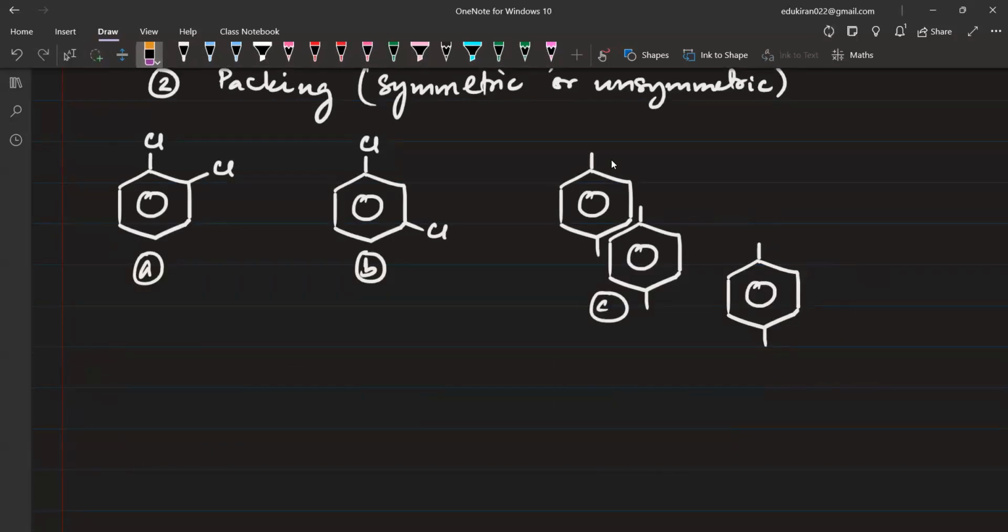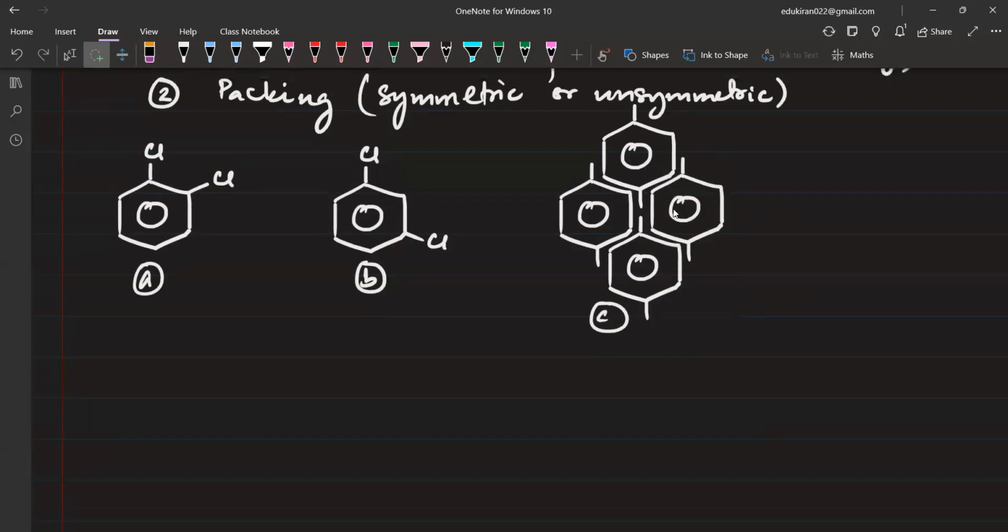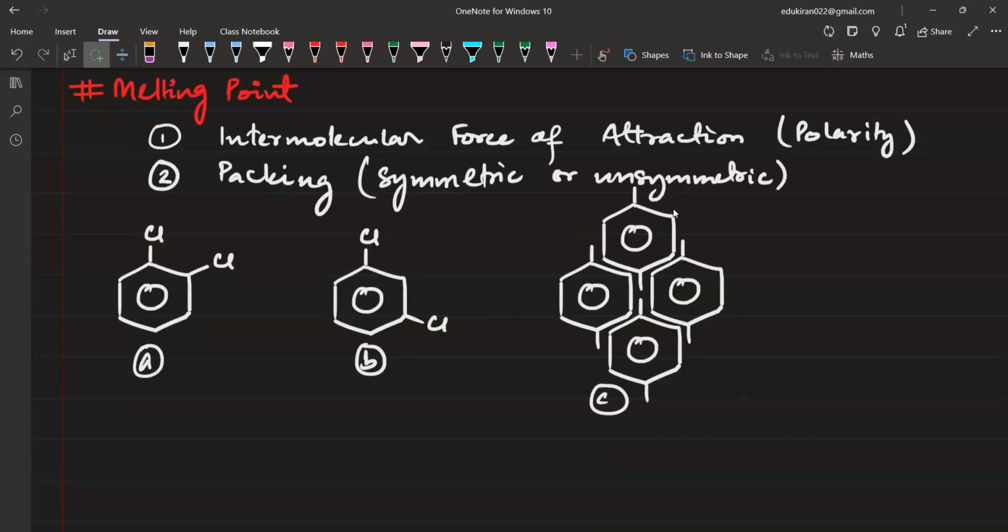Even this, you can see how effective the packing is. Can you see that? And this is with my untrained hands, and the lines are not equal, right?